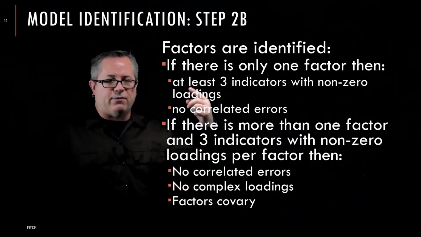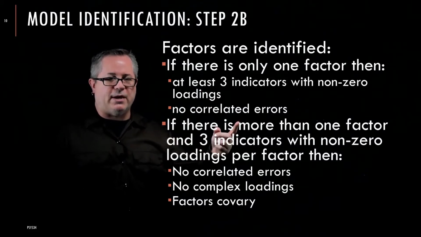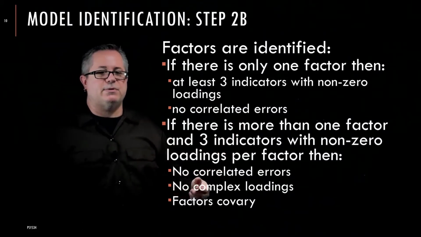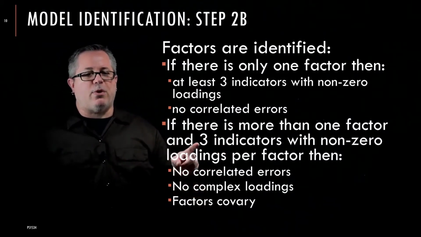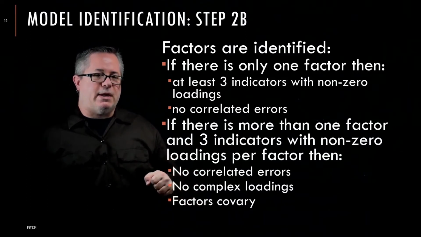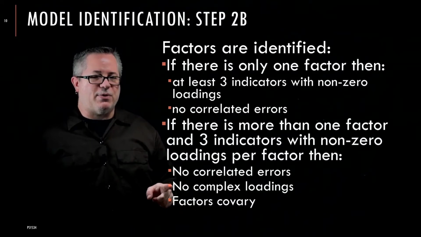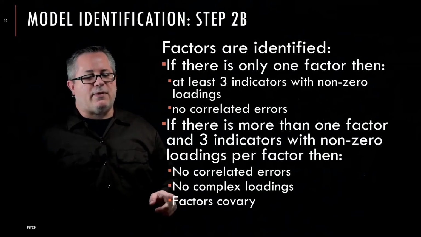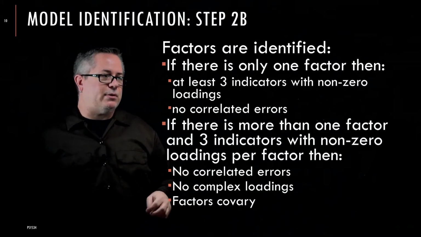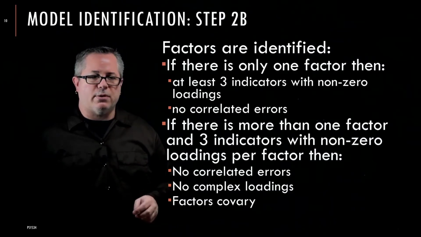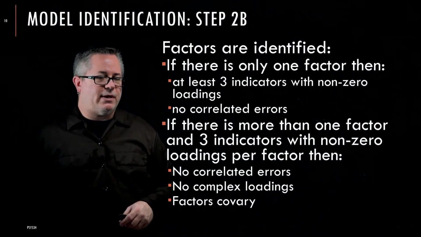So if you have one factor, you should have no correlated errors. And if you have more factors that are all really small, with only 3 indicators, you still shouldn't have any correlated errors, and you should have no complex loadings. And you should let the factors covary so they can lean on one another and make the model work.